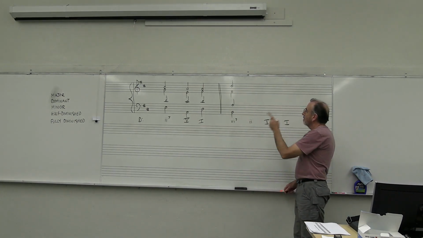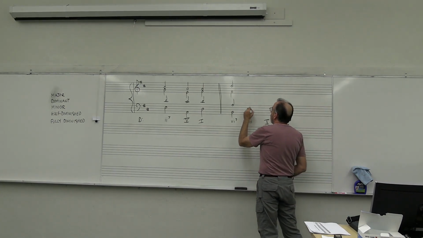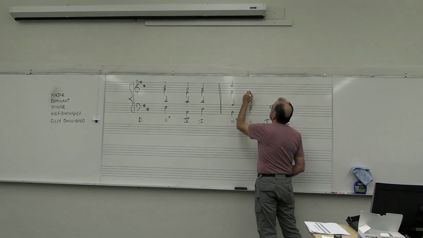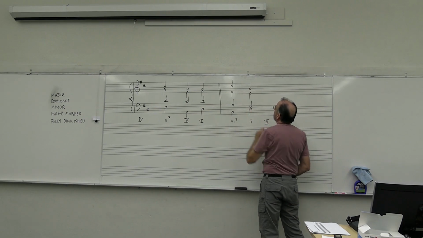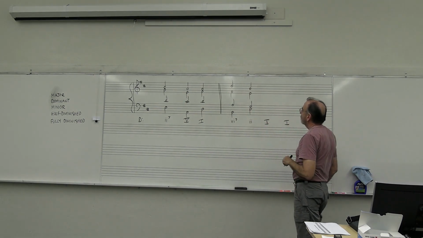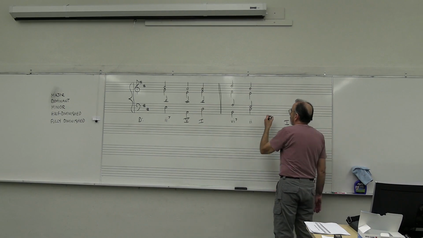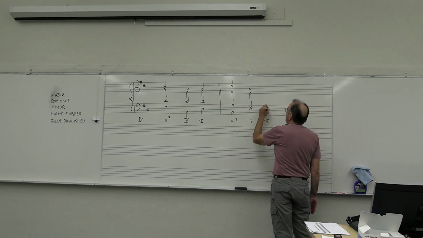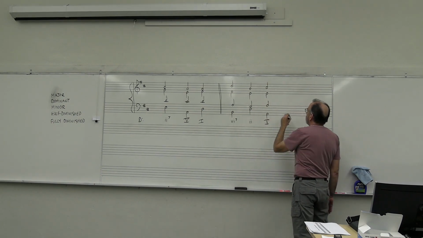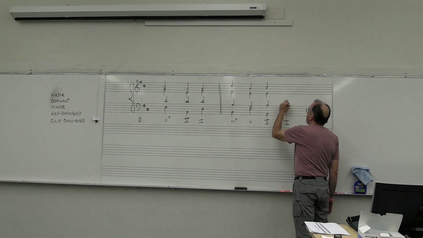And then when I resolved it to the E triad, I would do something like this. And then when I went on to the A, I would probably do something like this. And when I went on to the 1, I would likely do something like this.